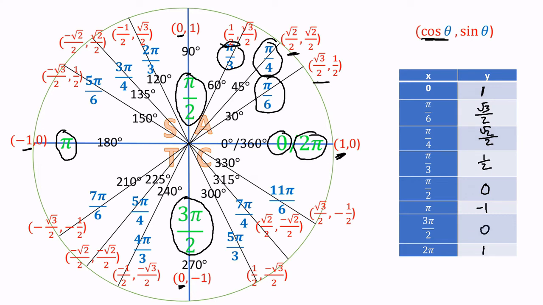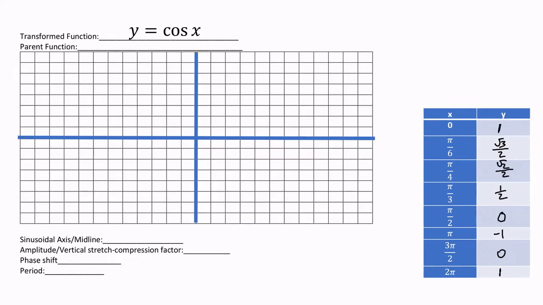So let's plot these points. To graph the cosine function, let's decide on a scale. And we'll make it easy. We use exactly the same scale. So 30, 60, 90, 30, 60, 90, 30, 60, 90, and here we go. So that's pi over 2, pi, 3 pi over 2, 2 pi, and just reverse it.